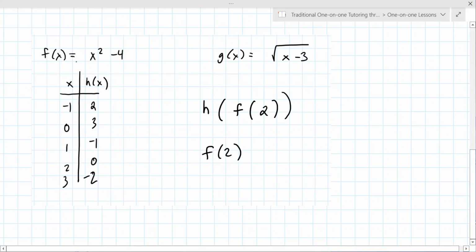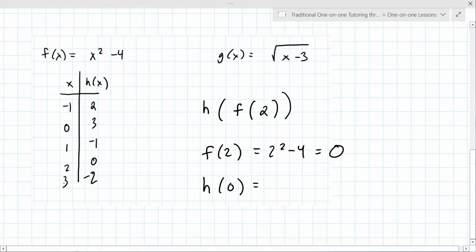Which function are you going to use? Well, the one that says f. So that's 2 squared minus 4. What does that equal? It would equal 0. Okay, so now you take the result, that's 0, and you use that in h. So now you find h of 0.